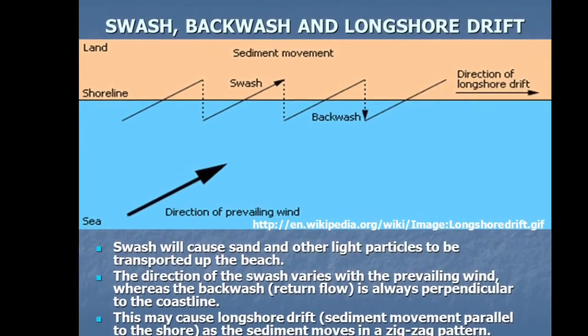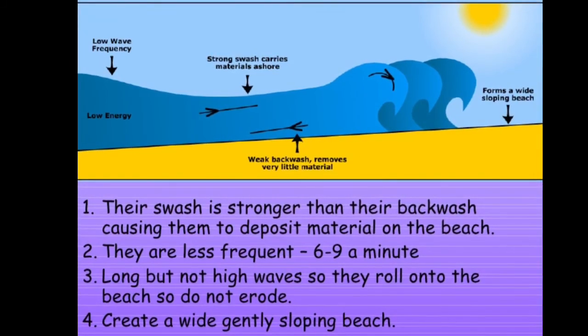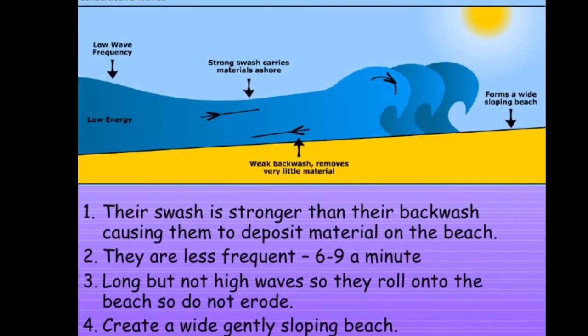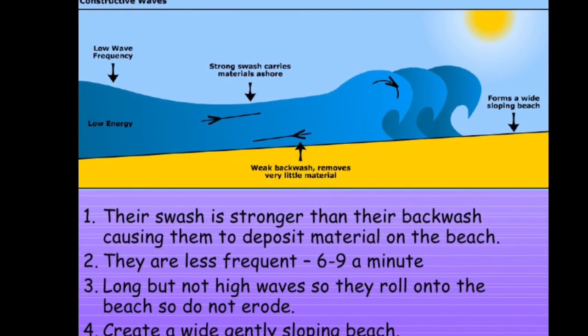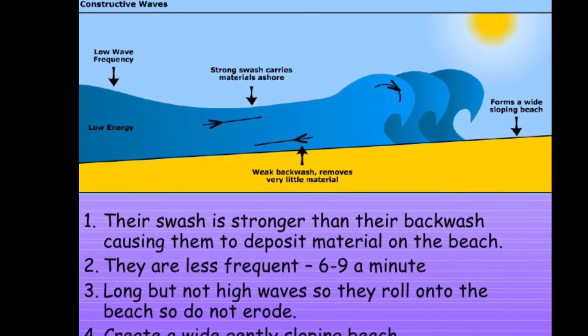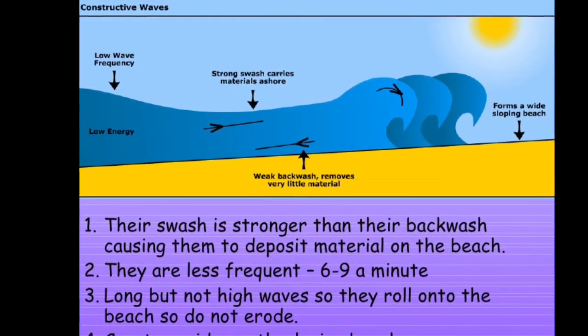The power of the swash and the backwash is dictated by the conditions at the beach. Now, in a much calmer environment, just like we've got at Southbourne, the waves are predominantly constructive waves, and this means that the swash is much stronger than the backwash. So a lot more sand and sediment is left at the top of the beach, and a lot less is taken away.